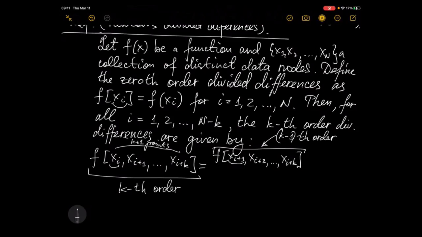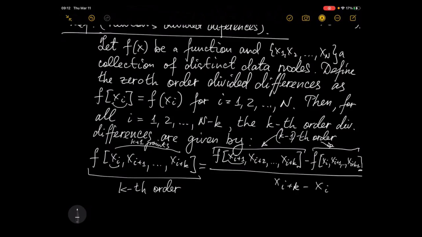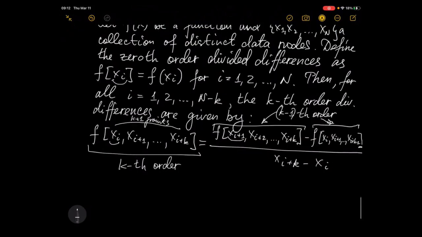So this is the k minus 1th order, f of xi plus 1 up to xi plus k, minus the k minus 1th order f of xi up to xi plus k minus 1, divided by xi plus k minus xi.